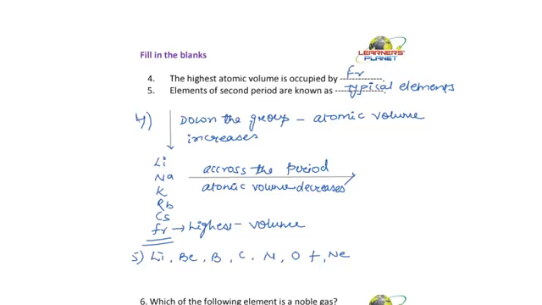Now let's take up our next question here. It is a multiple choice question and it is, which of the following elements is a noble gas? Now what is magnesium? Magnesium belongs to second A group. Okay, so it is belonging to which group? Second group.